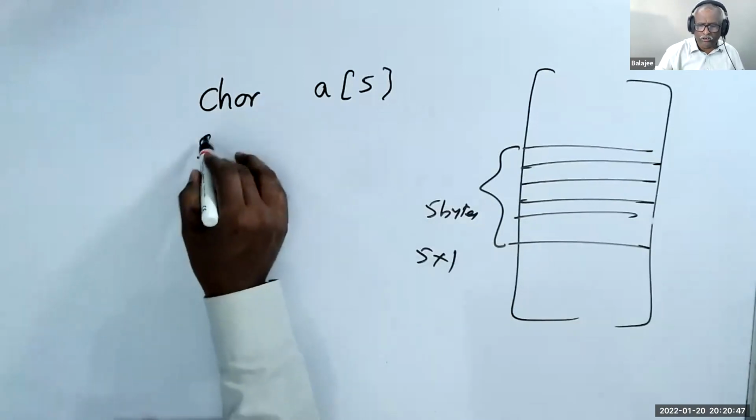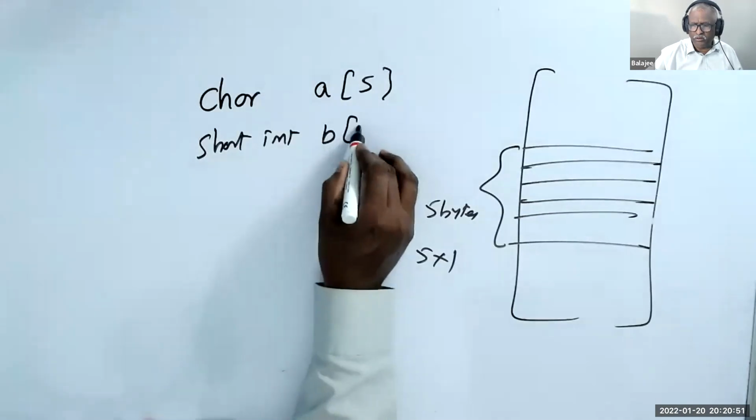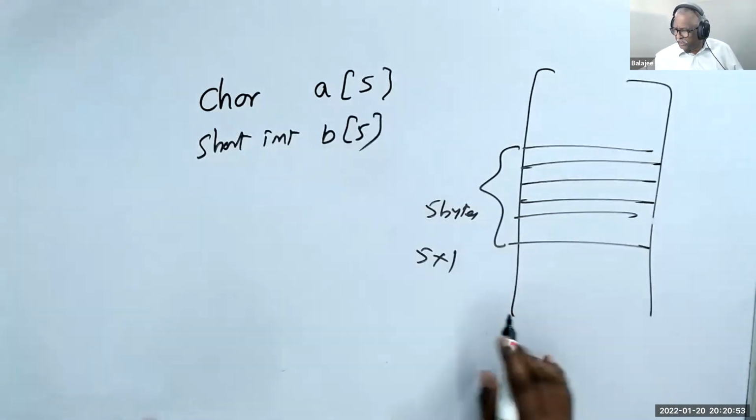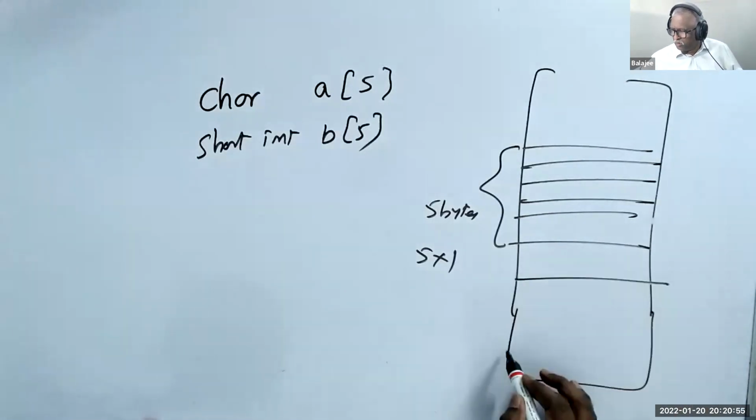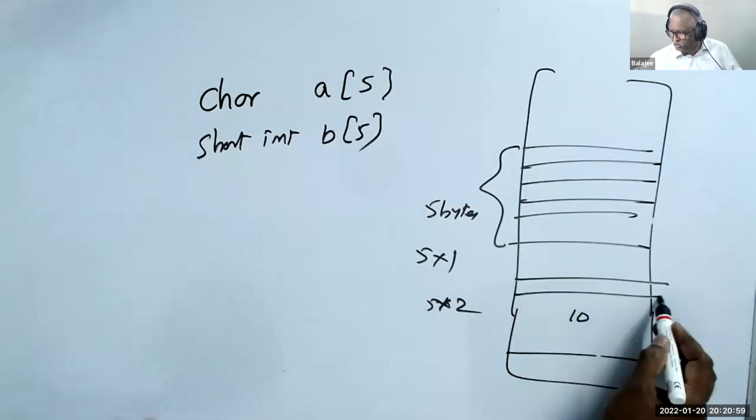You may have a short int B of 5. Then we allocate 5 into 2, 10 bytes, 2 bytes each.